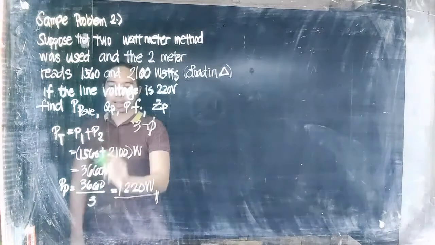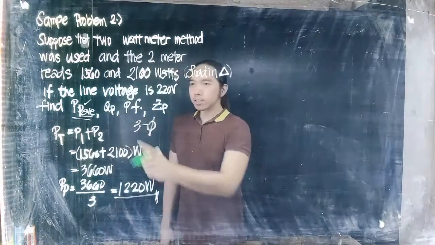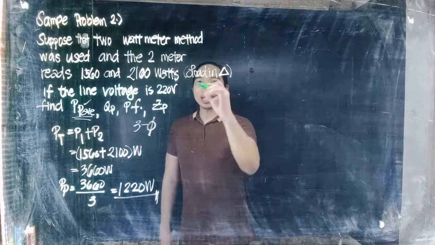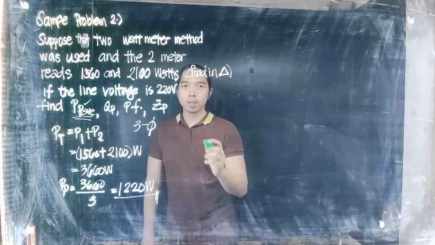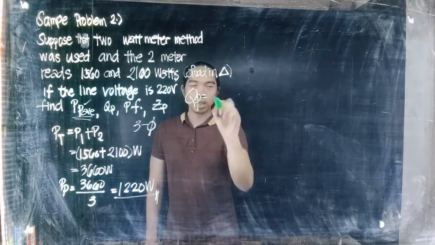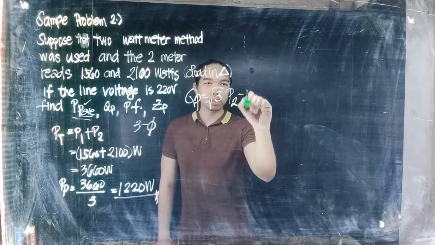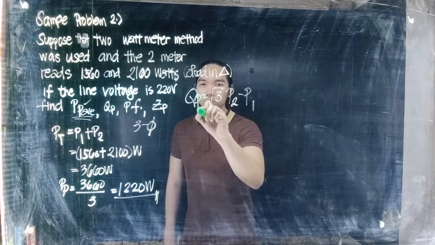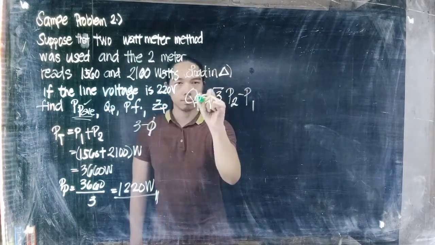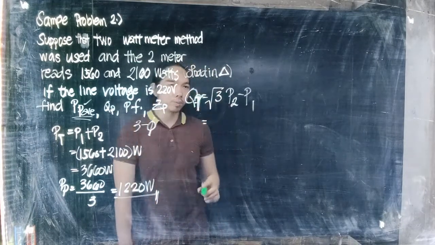We have already solved this. Now let's solve for QT. From the concept part of our lecture, QT is equal to square root of 3 times P2 minus P1. Sorry, this should be QT, not QP.